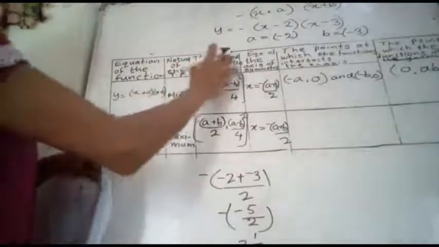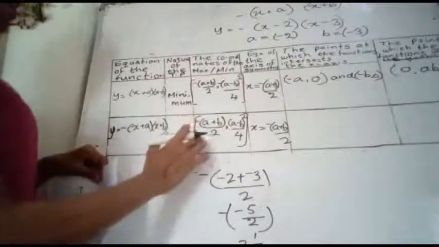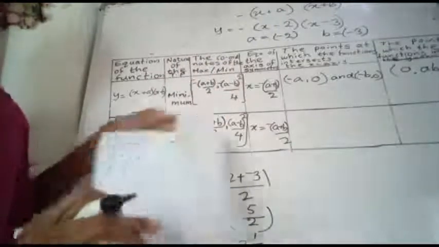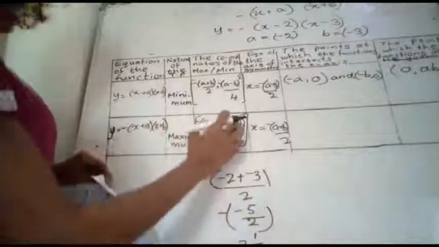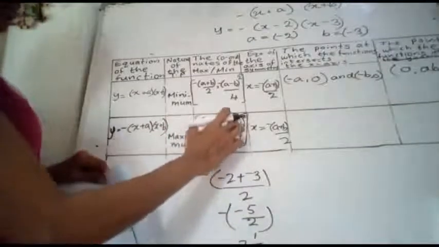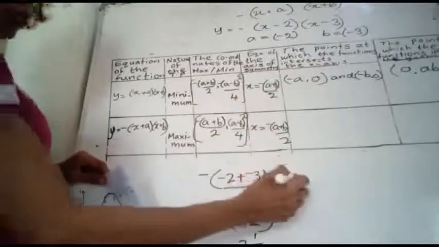Then the maximum point. The y coordinate is (a subtract b) squared over 4.